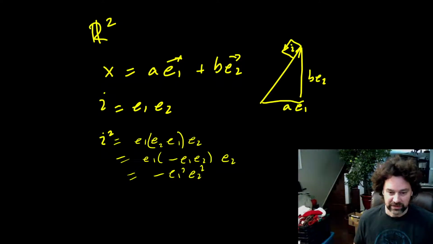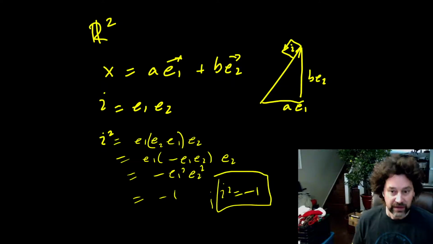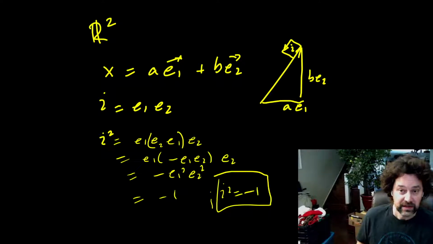E1 squared is 1, E2 squared is 1, so this equals minus 1. Sure enough, I squared equals minus 1. Now, we're going to apply that unit imaginary, which is a bivector, to x, multiplying on the right, multiplying on the left, and see what happens.